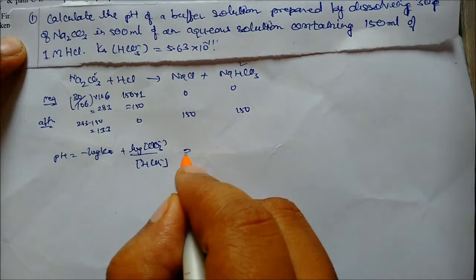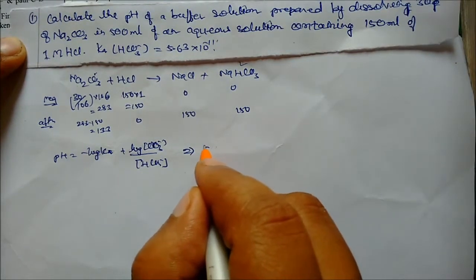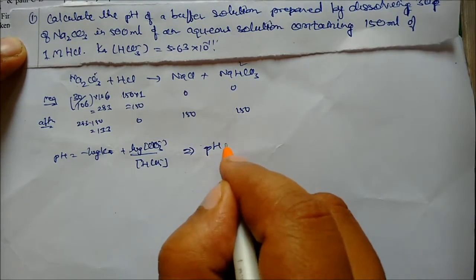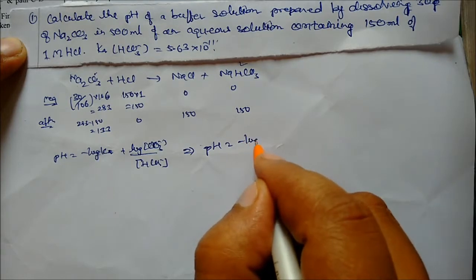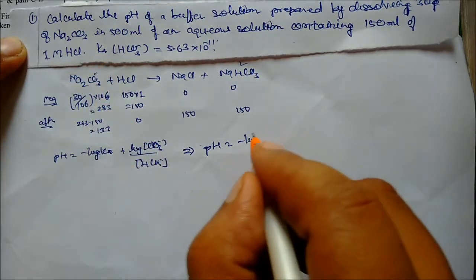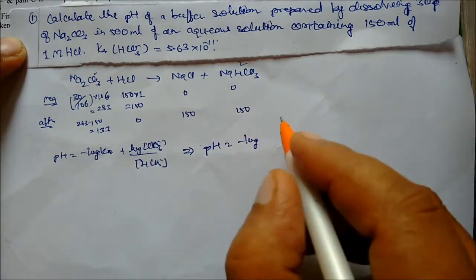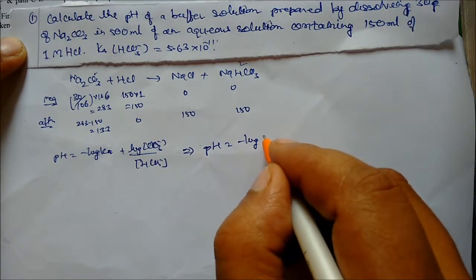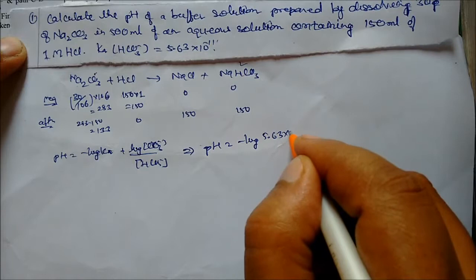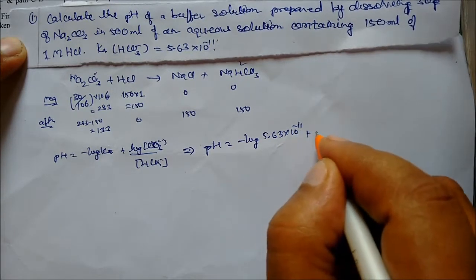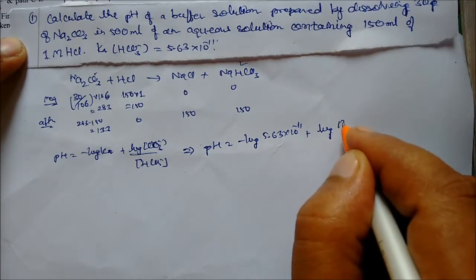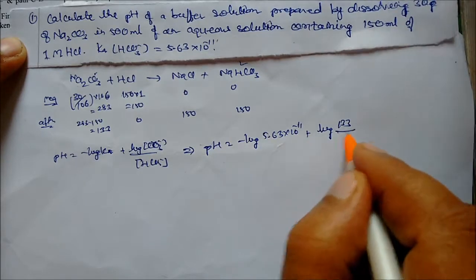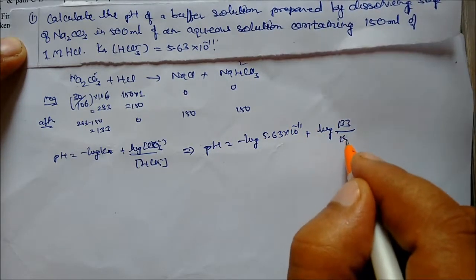So here you can put the values directly. The K of this acid is given, so pH is equal to minus log of 5.63 into 10 to the power minus 11 plus log of 133 for the salt, and the acid will be 150.